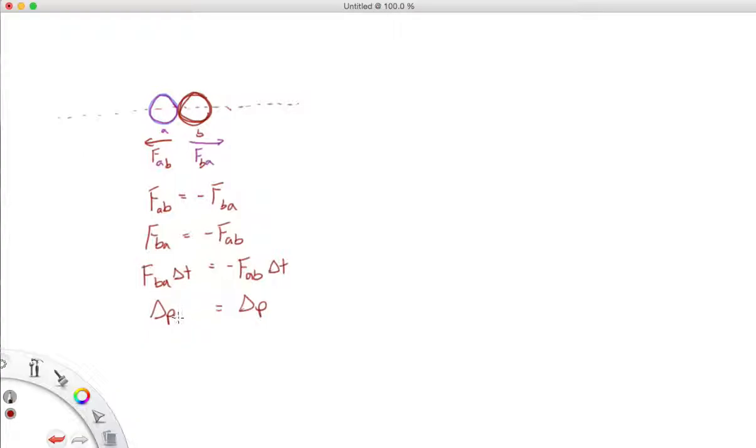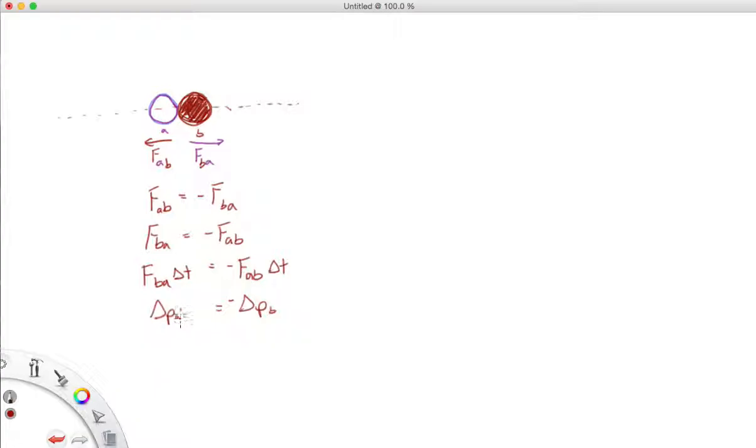Okay. This is the change of momentum for A, and this is for B. B is this ball over here, and A is the other ball. Okay, so this is B, and that's A. Oh, right, and this is negative. The negative change of the momentum. Okay. So far, so good.